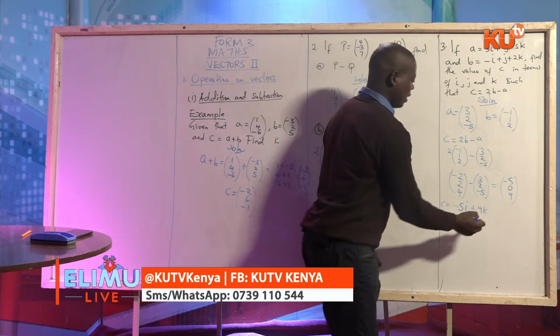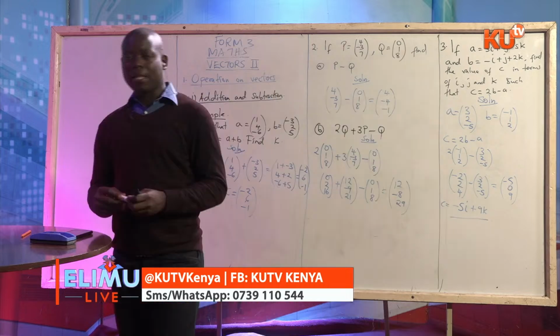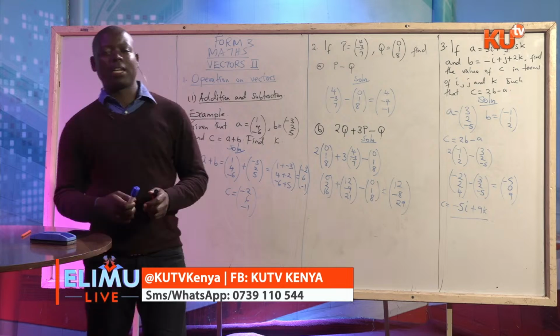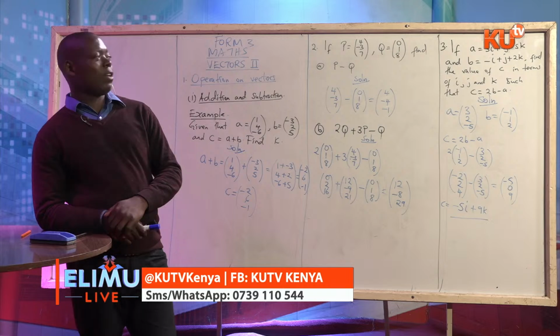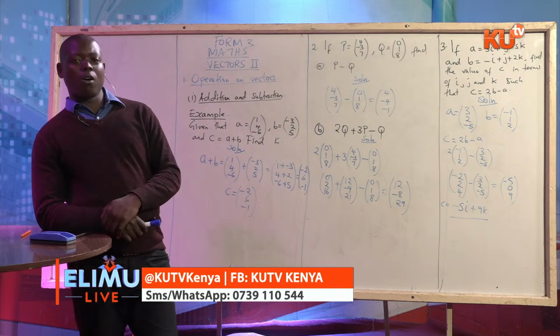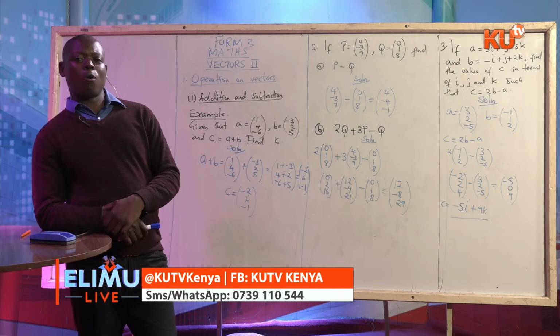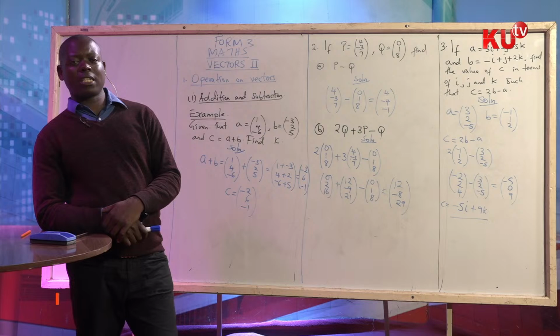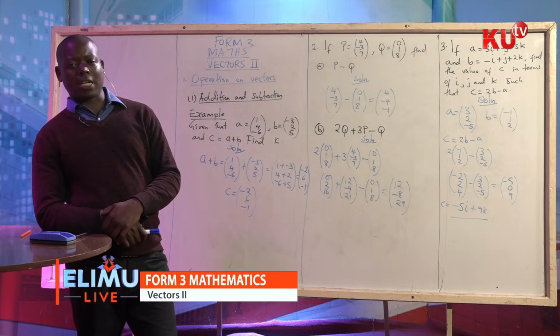And that is our solution for question number 3. The application of the unit vectors in working out operations of vectors. And in this case, not just any kind of vector, but a 3-dimensional vector where we deal with the representation of the components along the x-axis, the y-axis, and the z-axis.